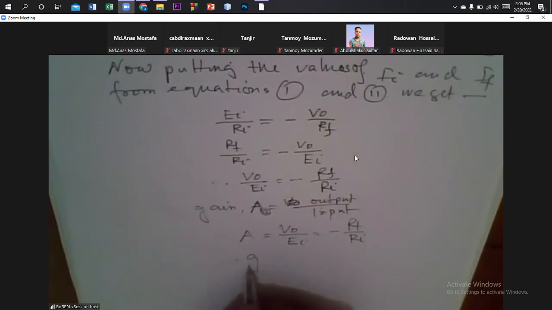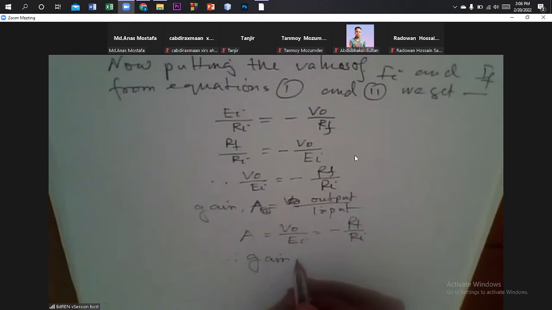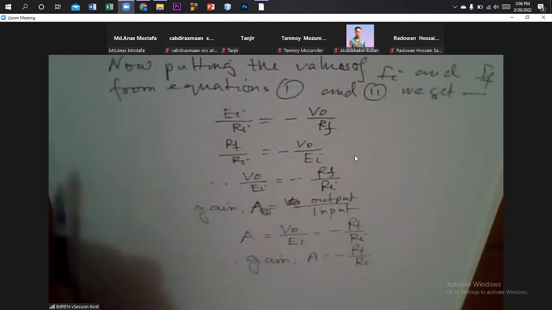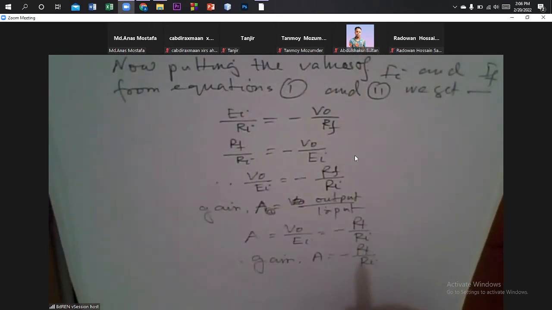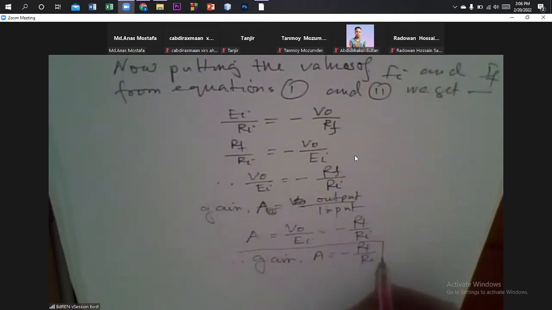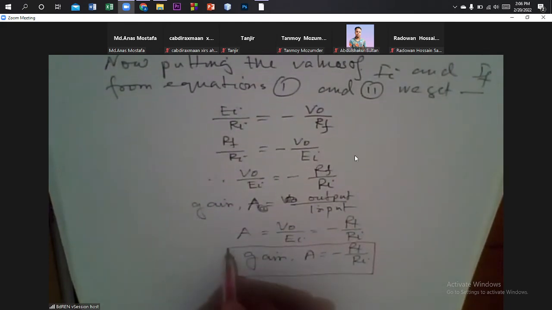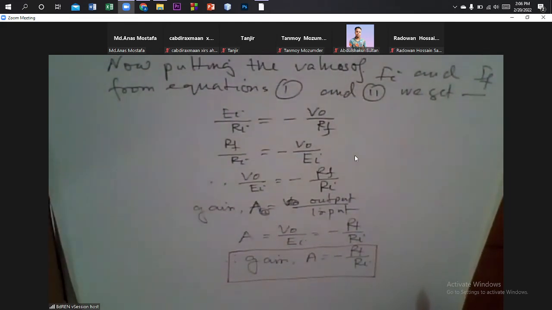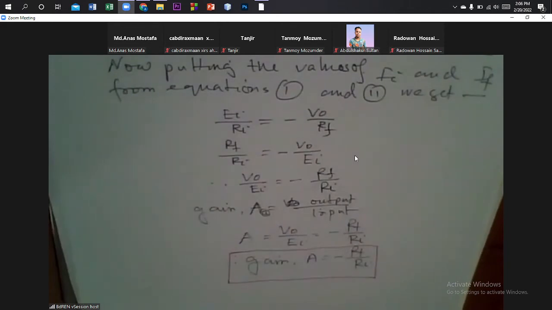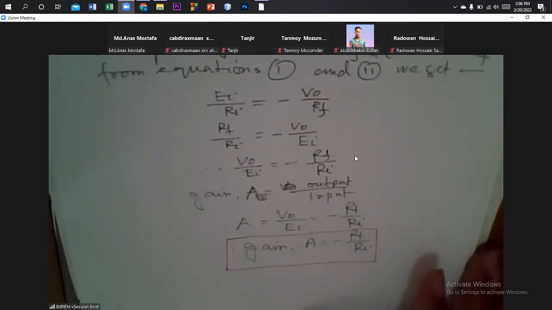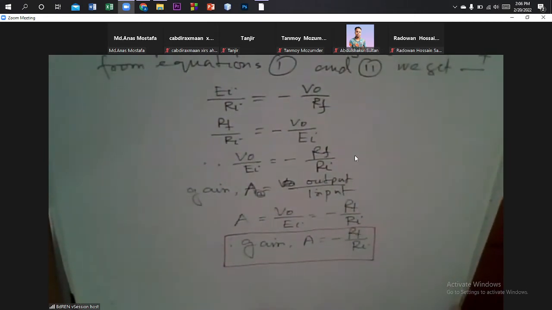Gain A is equal to minus RF by RI, feedback resistance divided by input resistance. Clear?